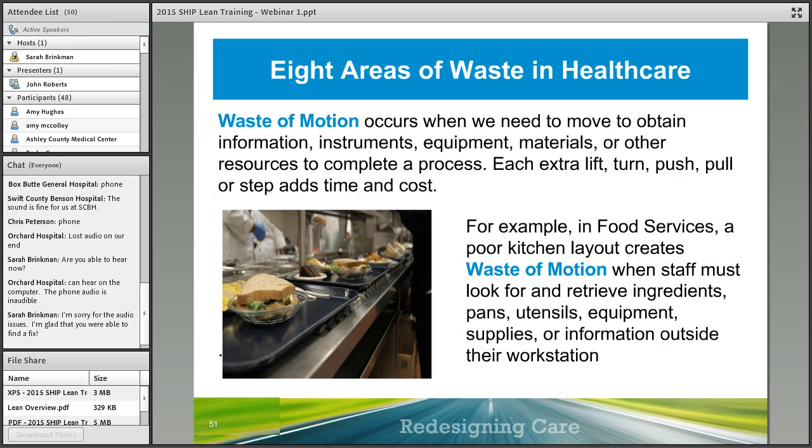Another area of waste is the waste of motion, which occurs when we have any unnecessary movement by employees or staff within the system.